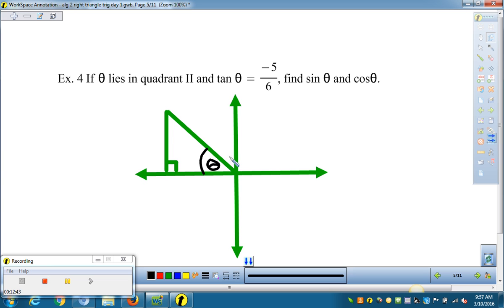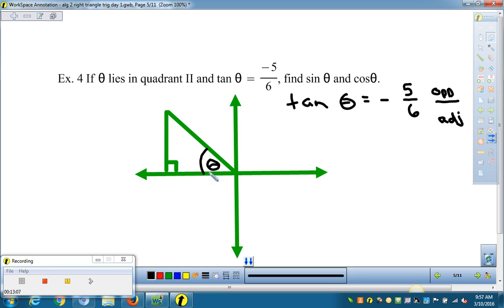You need to figure out where that negative goes, whether it's the 5 or the 6.